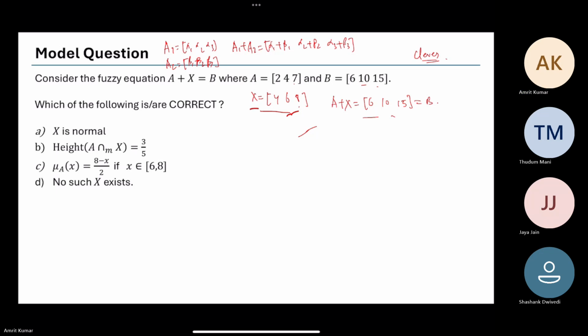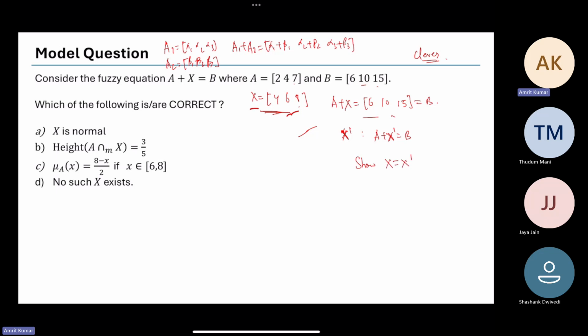And this is in fact a unique solution because if you assume that x dash is some other solution to this equation, then you can show that x equals x dash.